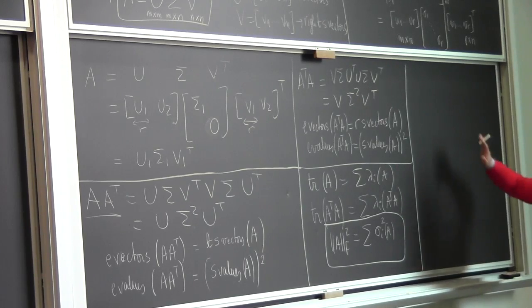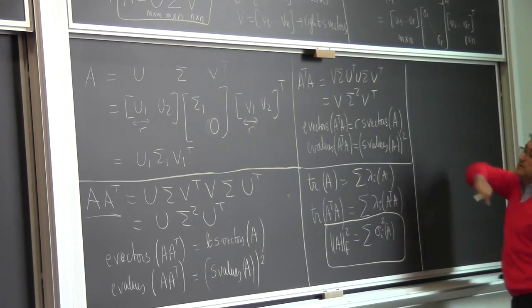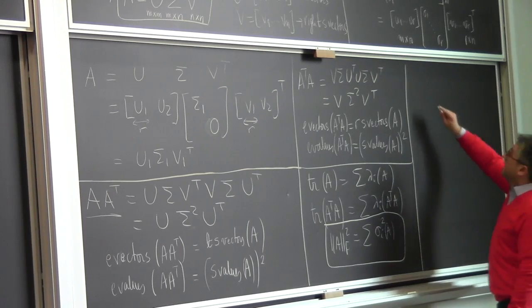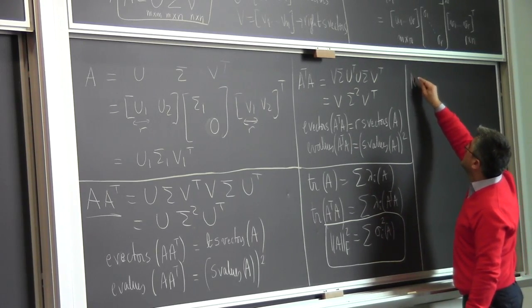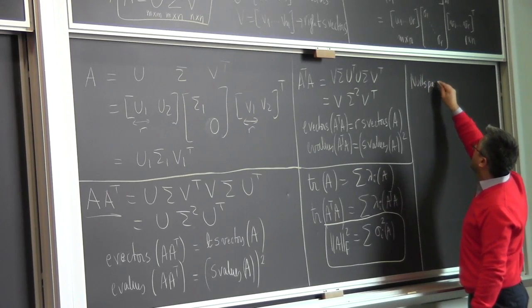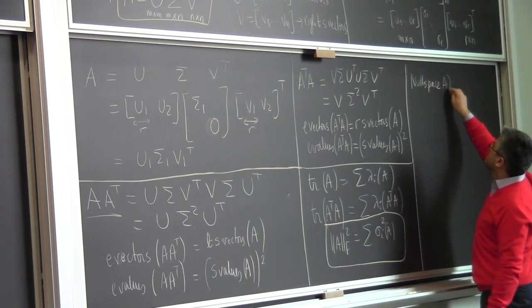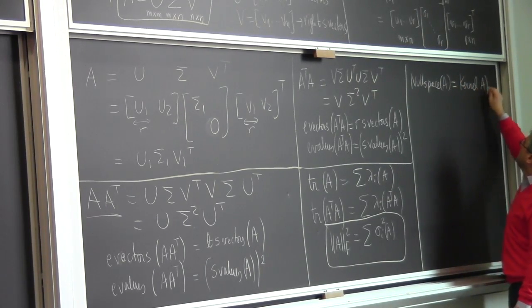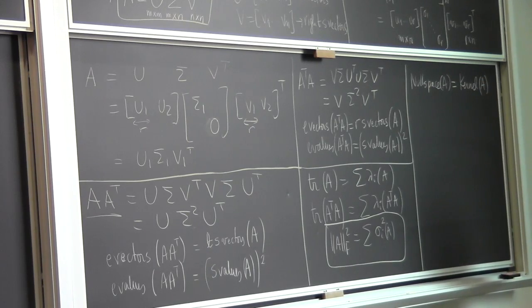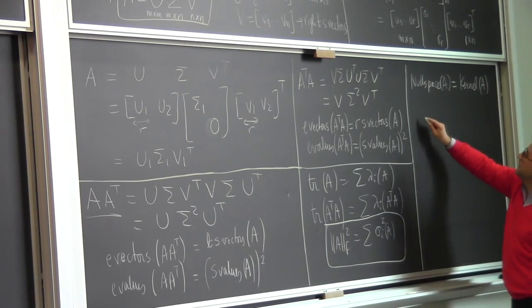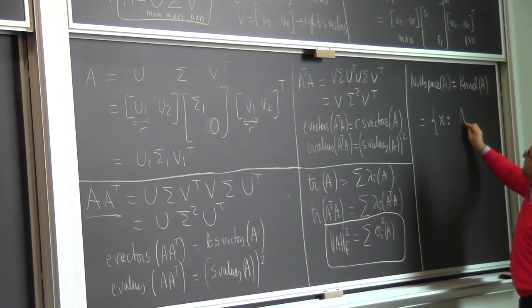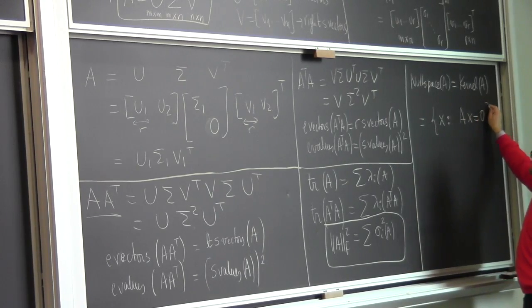Okay. And the last part of the review is simply going to be to remind you of the definition of the null space of A, which is also known as the kernel of A. Given a matrix, this is defined as the set of all vectors such that after applying the linear transformation, they are mapped to 0.